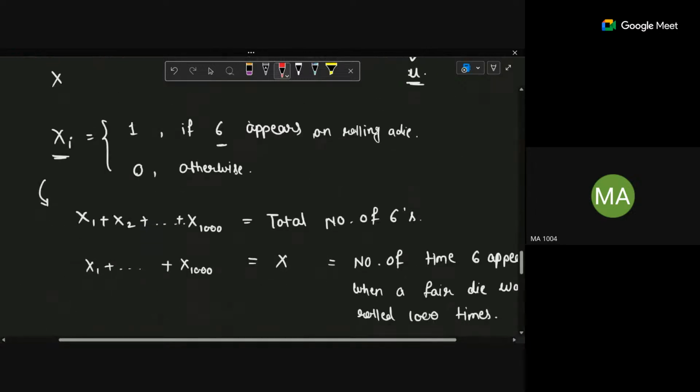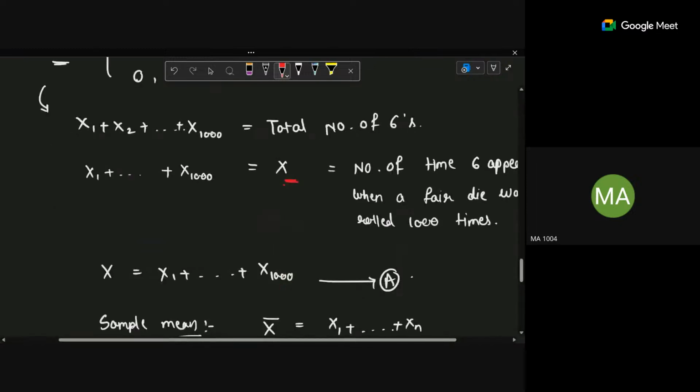If you define your random variable in Bernoulli form and add all X1 to X1000, this gives the total number of sixes you got when you rolled a die 1000 times. That total number of sixes was given by the random variable X, so X is the sum of your 1000 random variables.